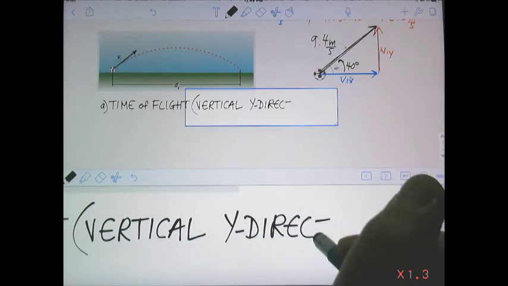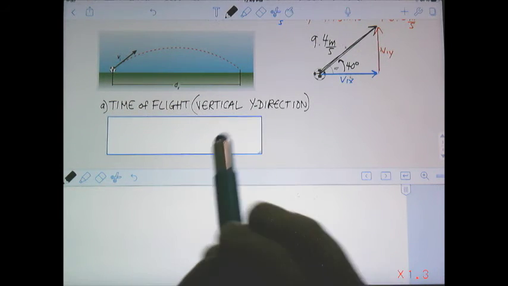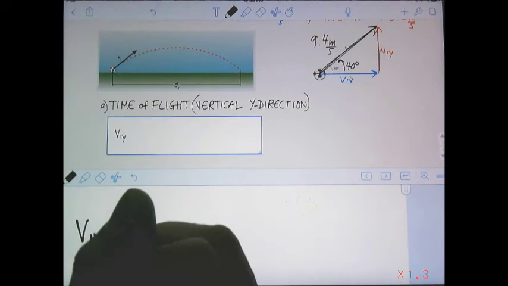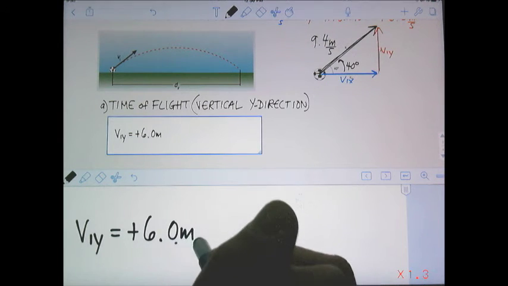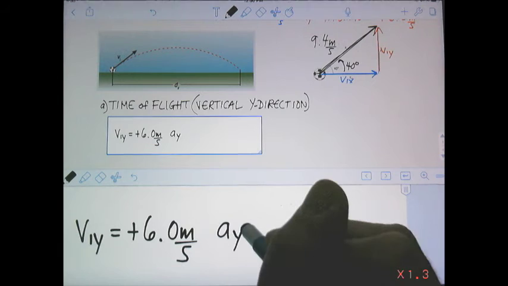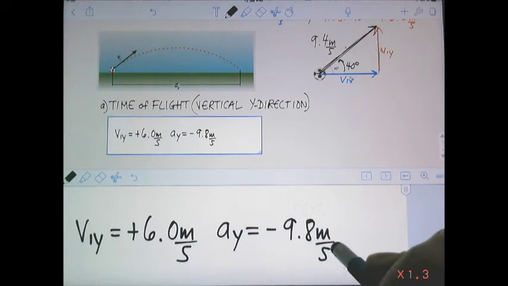So we need to collect all information we have about the y direction. We've just calculated our initial y velocity as plus 6 meters per second. We know our acceleration in the y direction is negative 9.8 meters per second squared.